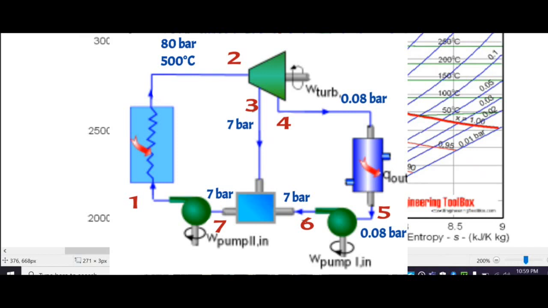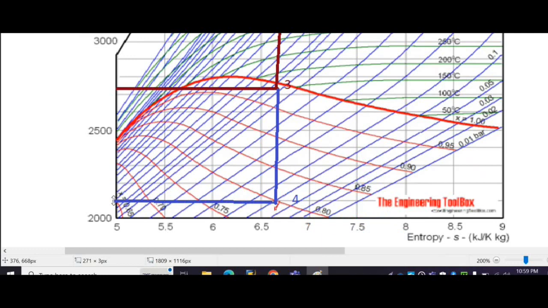Now in the same way, if we observe point 7, then point 7 is also on the saturated liquid line. So we have to refer to the steam table. Now what is the pressure at point 7? That is at the outlet of the open feed water heater. So this pressure is mentioned in the question, that is 7 bar.